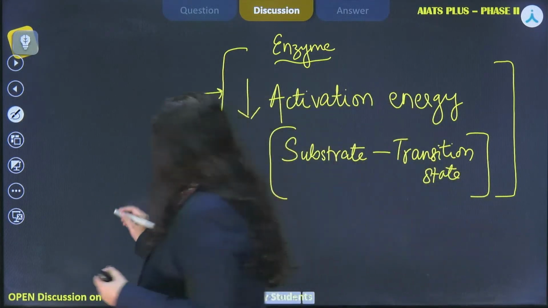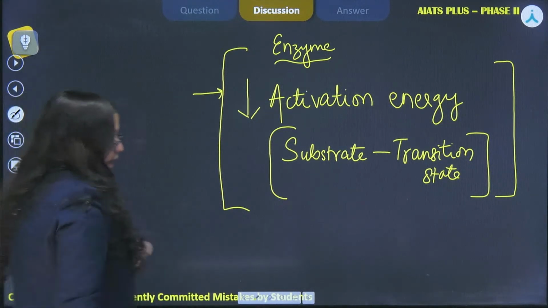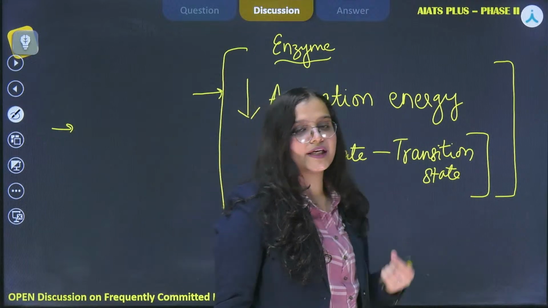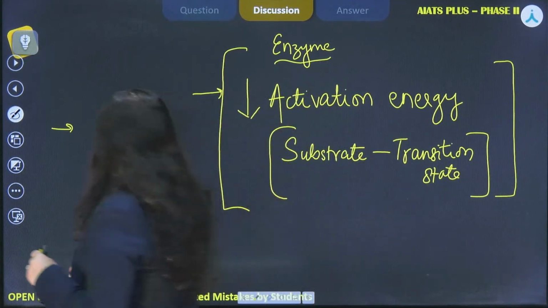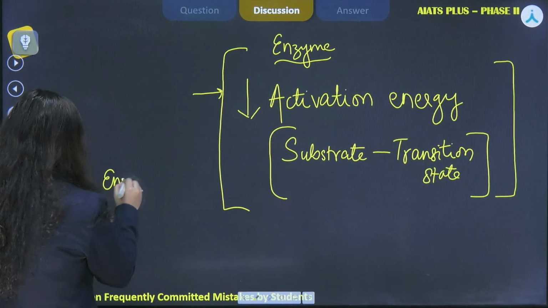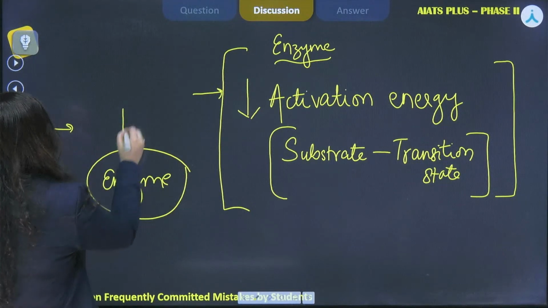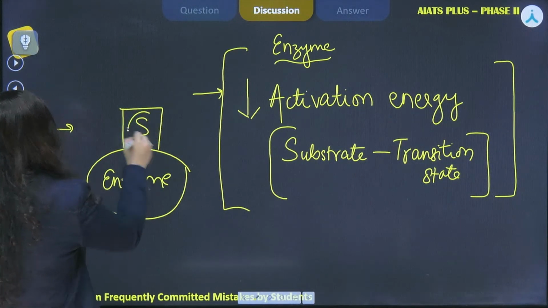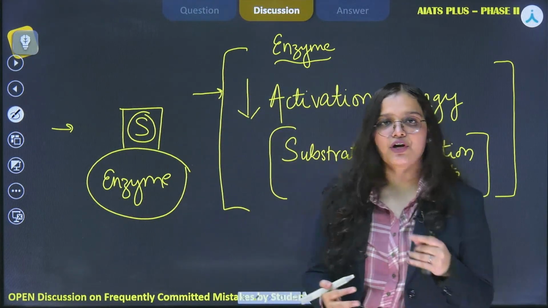the mechanism of enzyme action works by formation of the enzyme substrate complex. So basically we will have our enzyme and a substrate will bind to the active site of the enzyme and induce conformational changes.